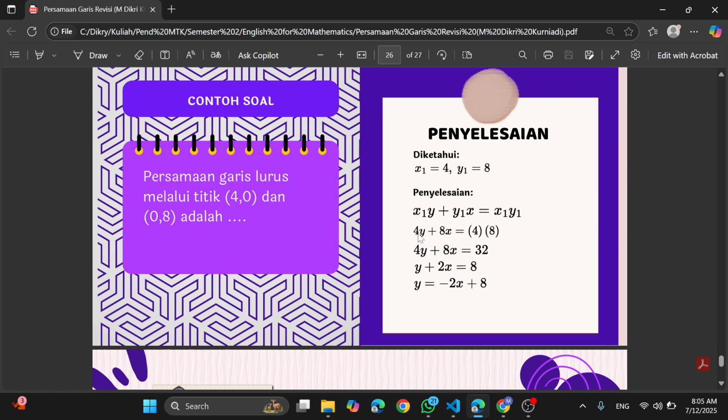So we have 4 times y plus 8 times x equal to 4 times 8. 4 times y plus 8 times x is equal to 32. Dividing by 2, y plus 2 times x is equal to 8. So the result of this problem is y equal to negative 2 times x plus 8.